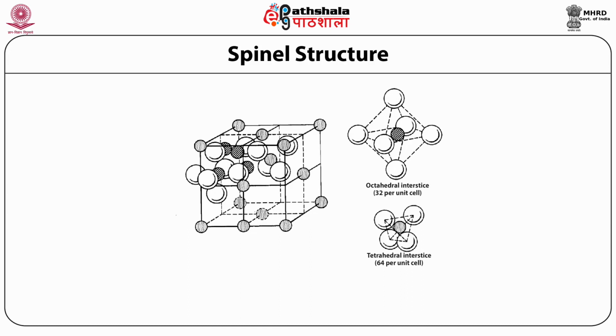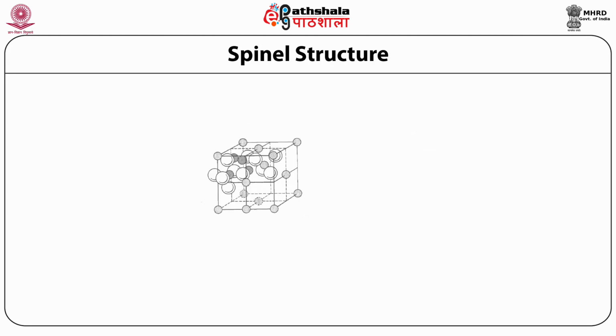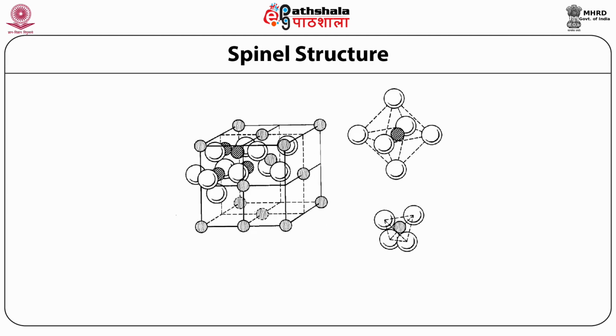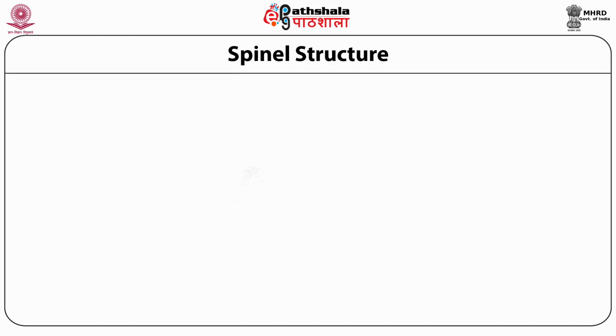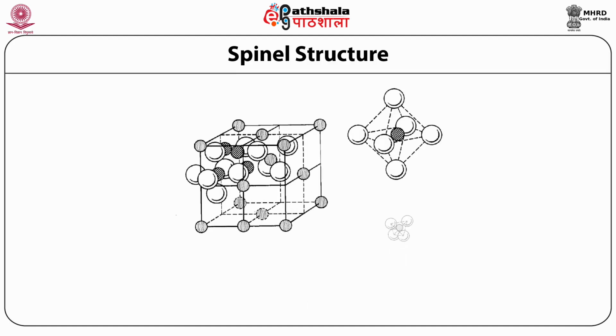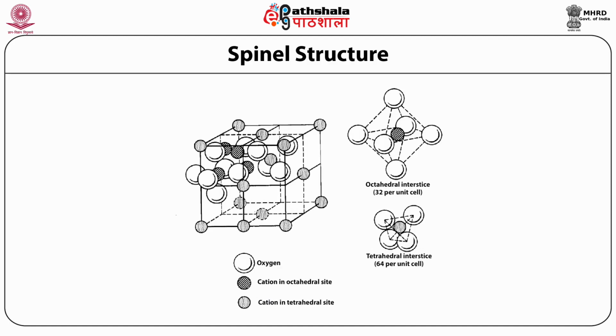So students, here a general spinel structure has been shown where the bigger circles represent the oxygen atoms, the shaded ones represent a cation in the octahedral site, and the dotted ones represent a cation in the tetrahedral site.